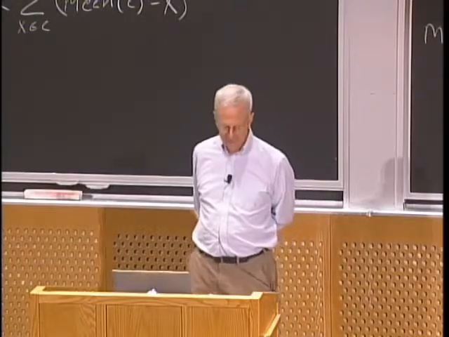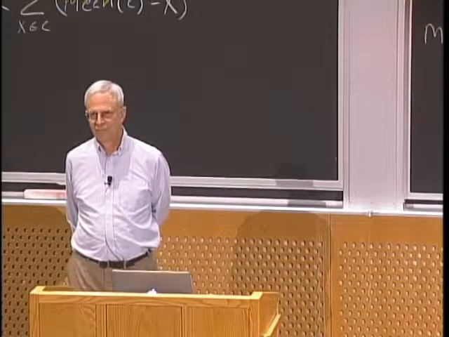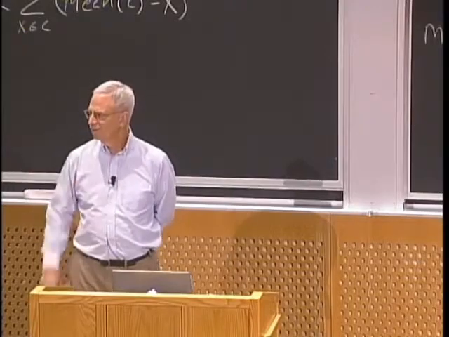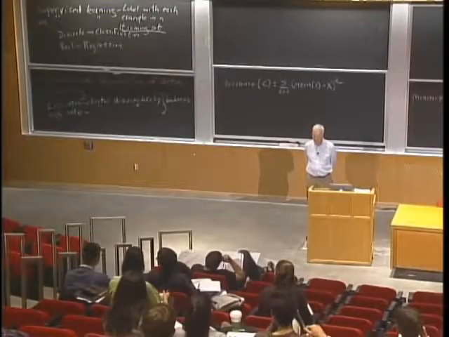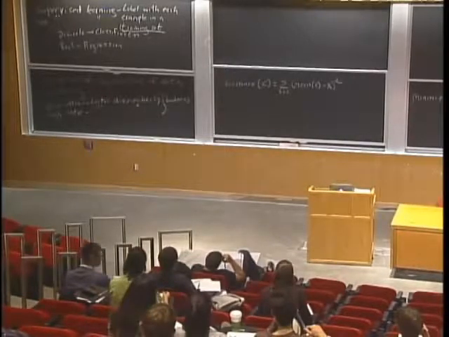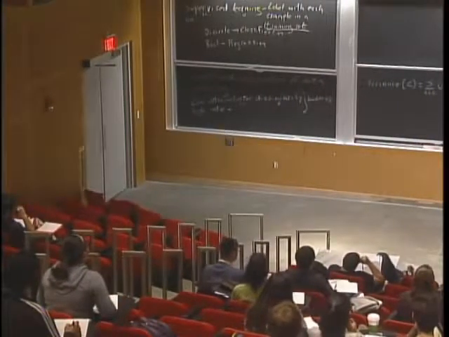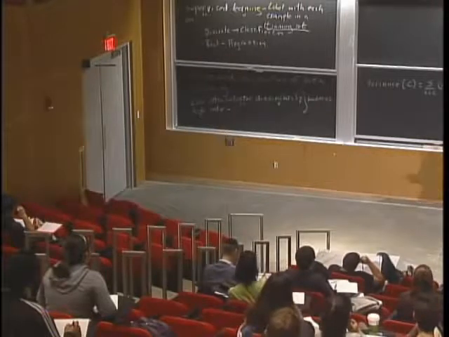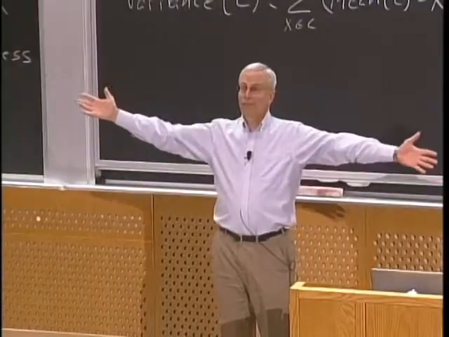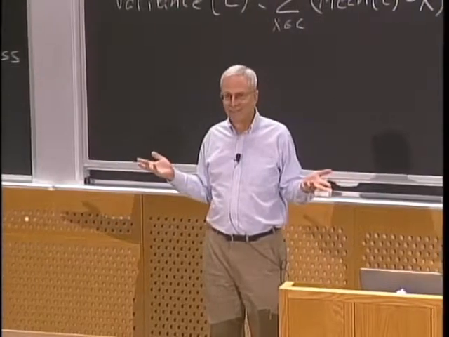Find a set of clusters C such that the badness of C is minimized. Is that good enough? No. Why not? Just imagine a case where every cluster has one element in it, and the variance is 0. Exactly. So that has a trivial solution, which is probably not the one we want, of putting each point in its own cluster. Badness won't be bad. It'll be a perfect clustering in some sense, but it doesn't do us any good, really.